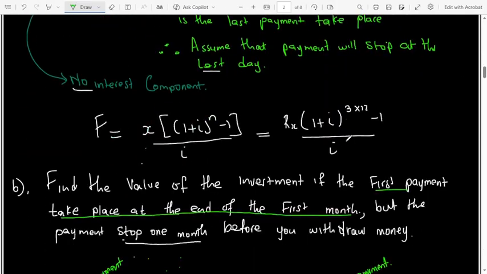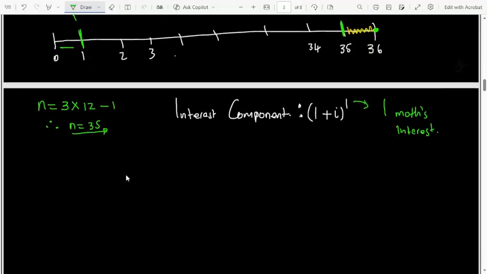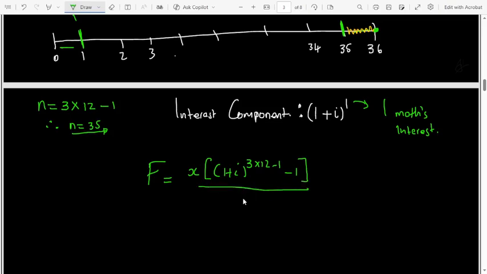Let's go and write our formula down. F equals X into 1 plus I to the power 3 times 12, minus 1, then everything is divided by I. Since we know when the last payment is going to stop, we need to calculate the interest component.